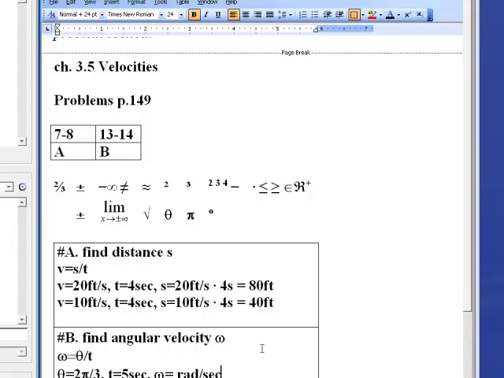So we're just going to plug in the numbers. Omega is going to be the angular velocity.